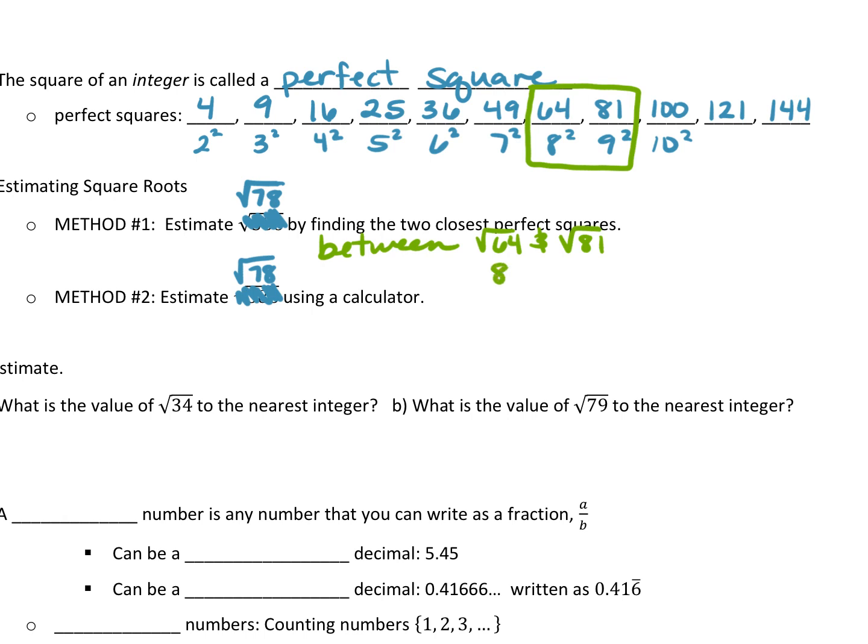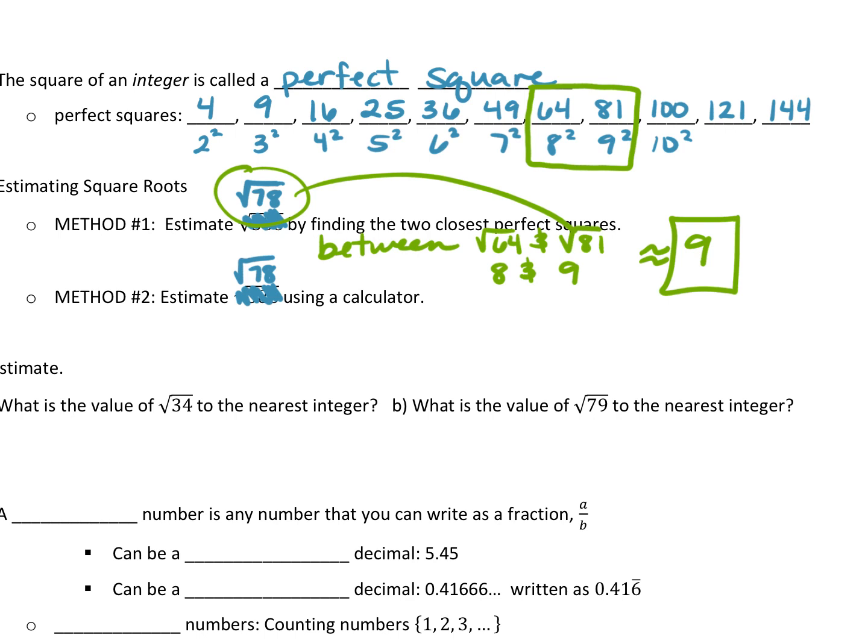So it's between 8 and 9. But because 78 is closer to 81 than it is to 64, my best estimate is this is approximately 9. Does that make sense? So you find the two that it's closest to, and then you say, okay, of those two, which one are we actually closest to? We are closest to the square root of 81, so that would be approximately 9.